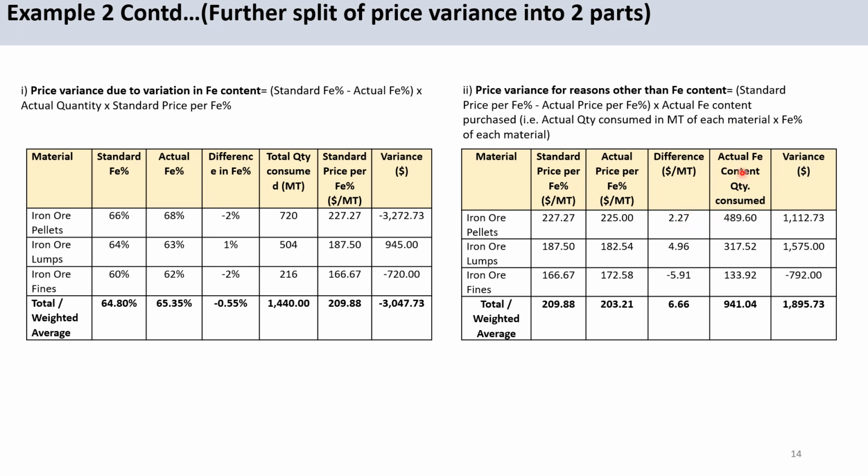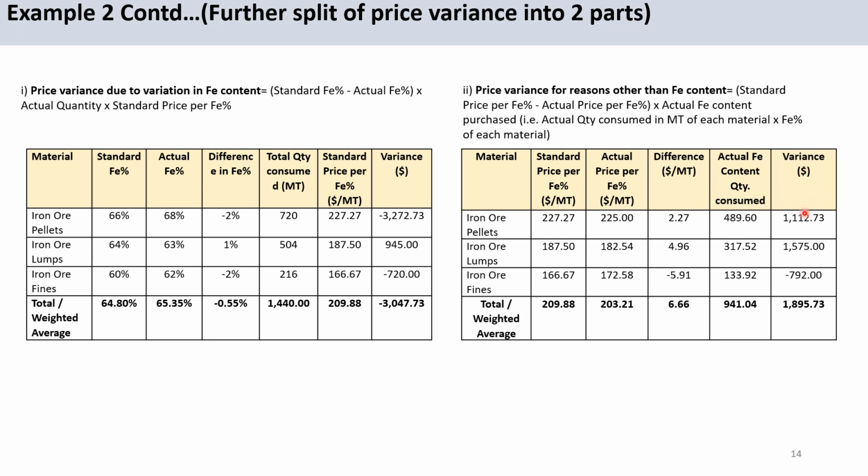And if we put in the actual Fe content consumed, we consumed 489.60 tons of Fe for pellets, 317.52 tons for lumps, and 133.92 tons for fines. So total consumption is 941.04 metric tons in terms of Fe.